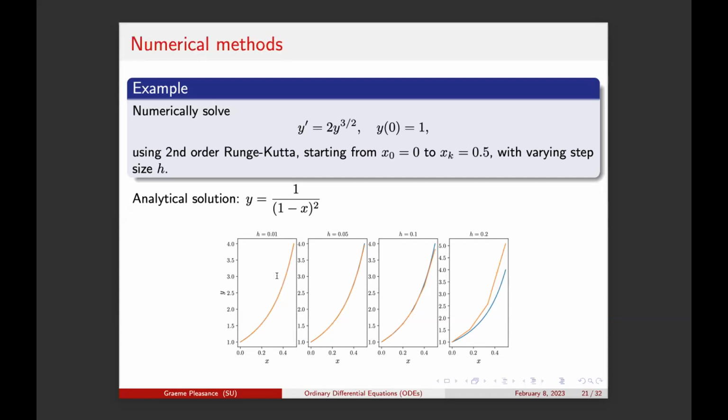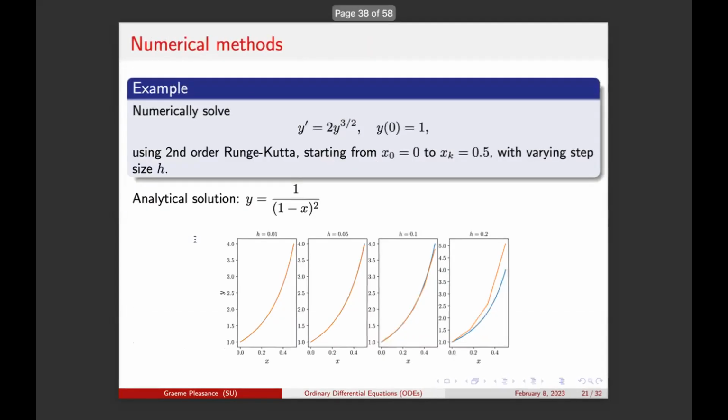So it basically converges faster. In this case, you can see that at much smaller step sizes, at h equal to 0.01, this gives an almost exact approximation of the exact solution. Again, just to clarify here, this blue line is the exact analytical solution, and the orange one is the approximated one using the second order Runge-Kutta.